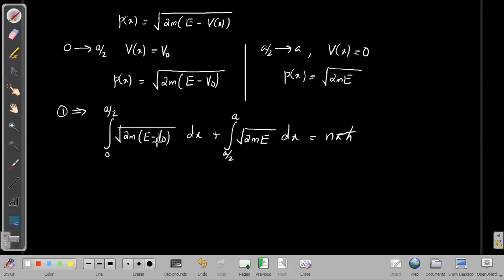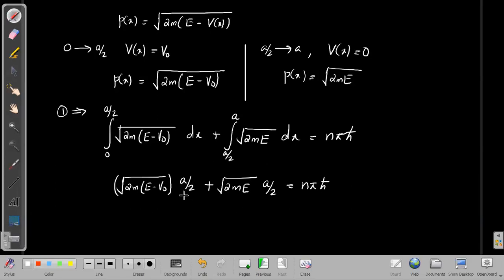Now the root of 2m(E minus V0) is just a constant, so I can take this constant outside. The integral of dx from 0 to a/2 will give a/2. Because again, root 2mE is just a constant, if you integrate from a/2 to a, again you will get a/2. And that would be equal to n pi h cross.